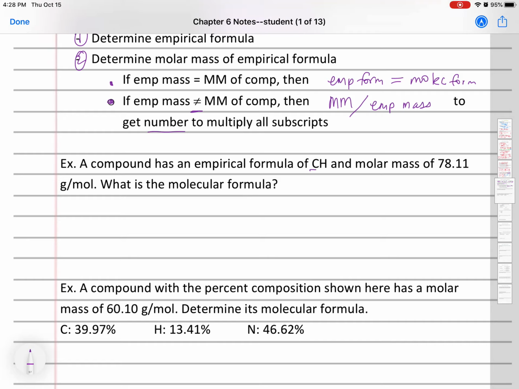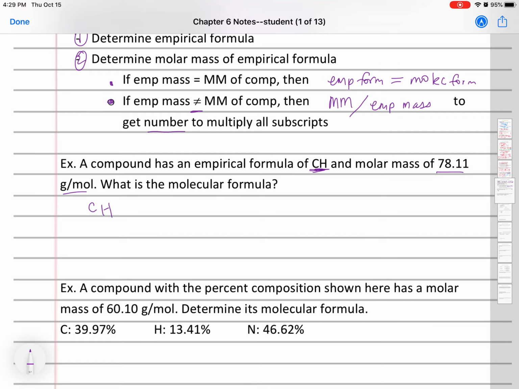A compound has an empirical formula of CH and a molar mass of 78.11 grams per mole. What is the molecular formula? All right, so we are given the empirical formula. We don't have to determine it, but we do need to determine the mass of this.